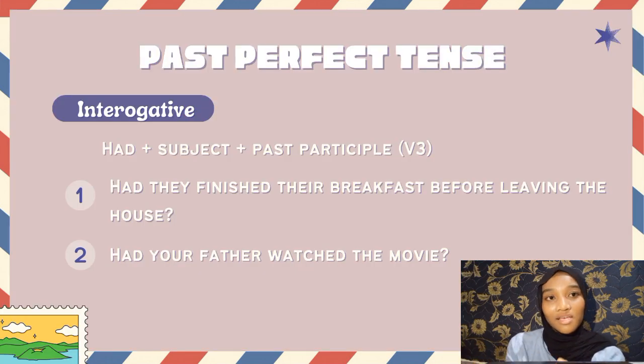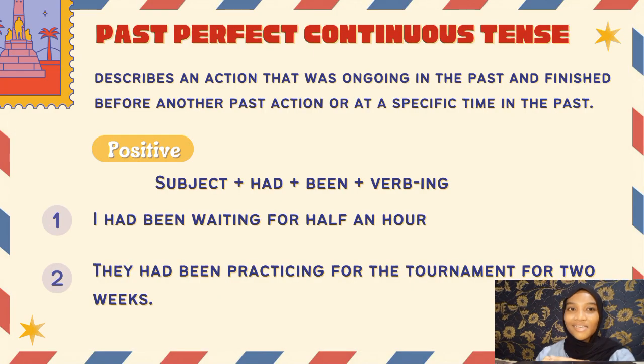In interrogative forms, the formula is had, subject, and past participle or verb 3. Next is past perfect continuous tense. The past perfect continuous tense is used to describe an action that was ongoing in the past and finished before another past action.